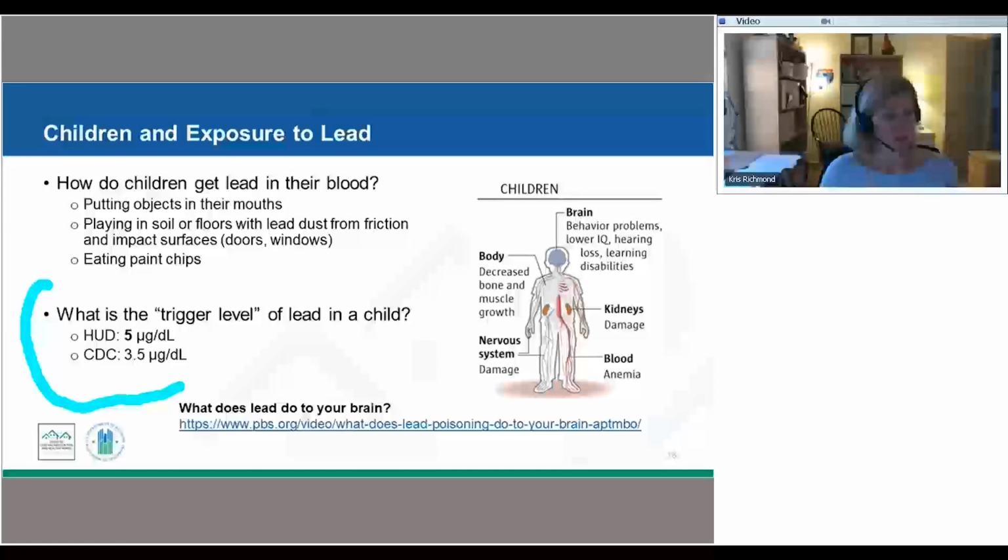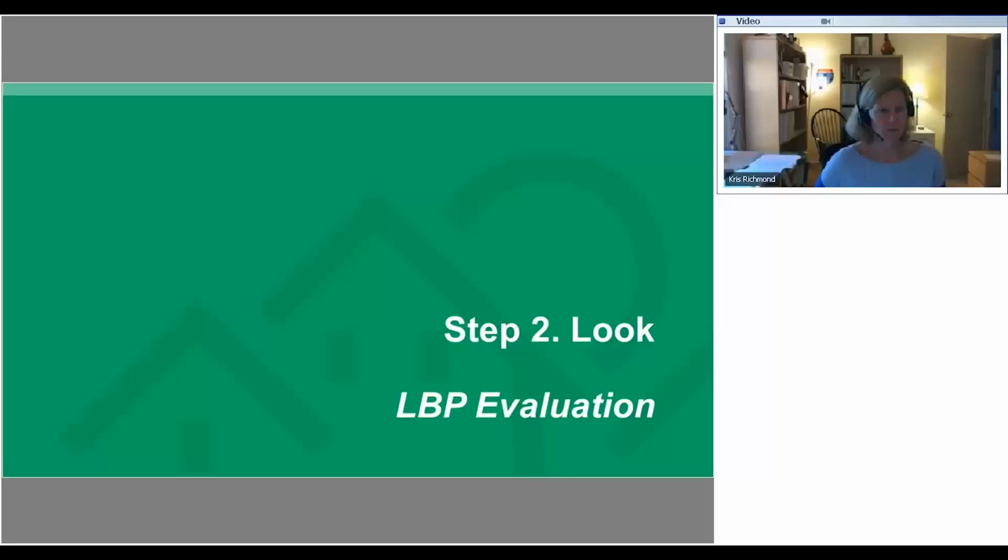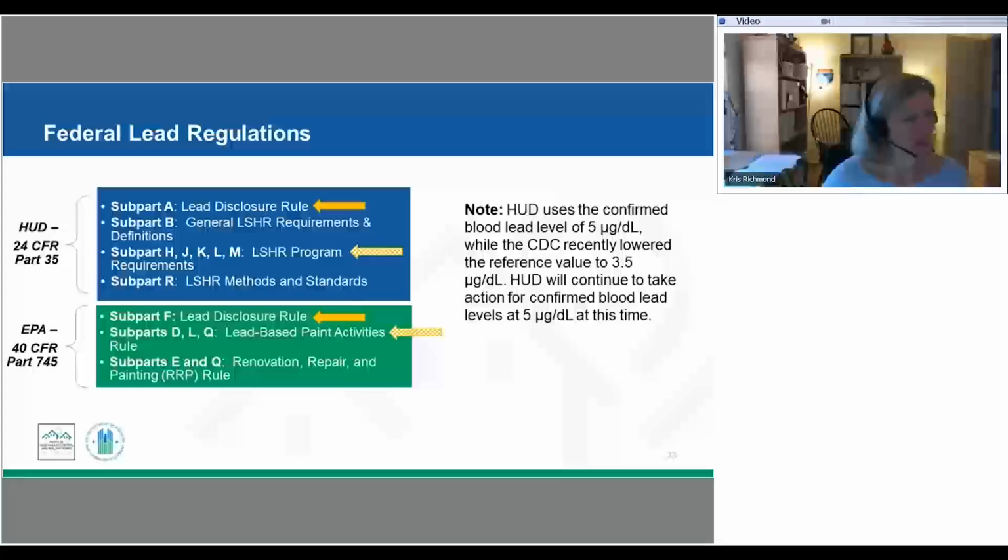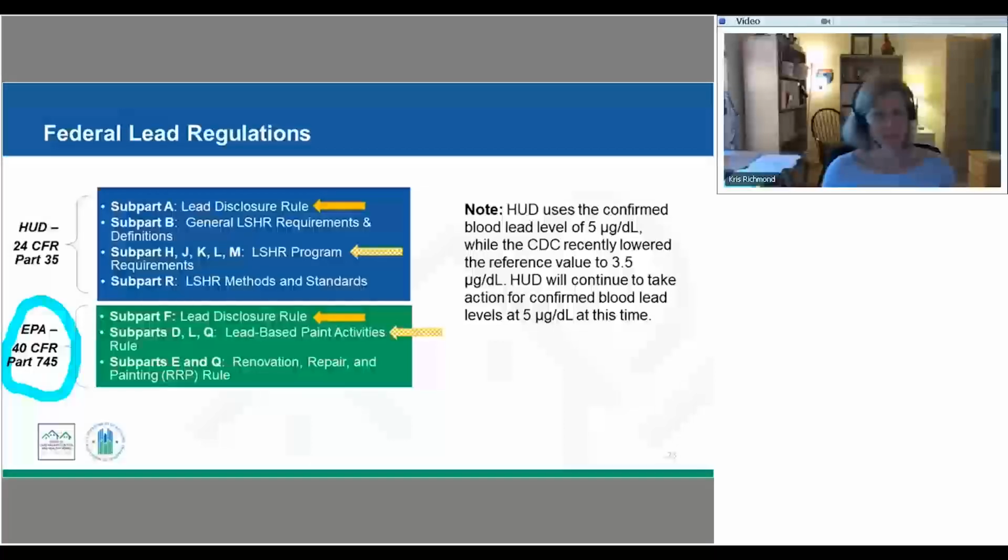So we have that. I'm going to go to slide 45. Oops, that's not the right slide. I'm sorry, 23. There we go. This is another one where we're working in tandem with another regulation. So we have HUD's regulations found at 24 CFR Part 35, and then we have EPA's that are found at 40 CFR Part 745. So we have our lead disclosure rule.